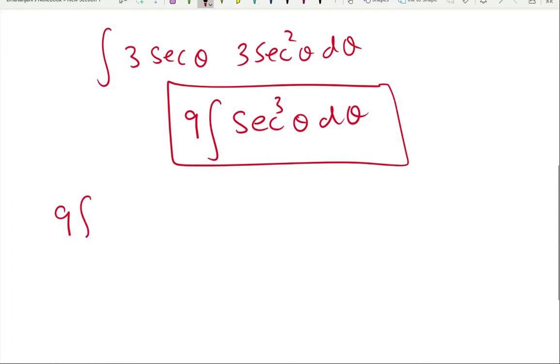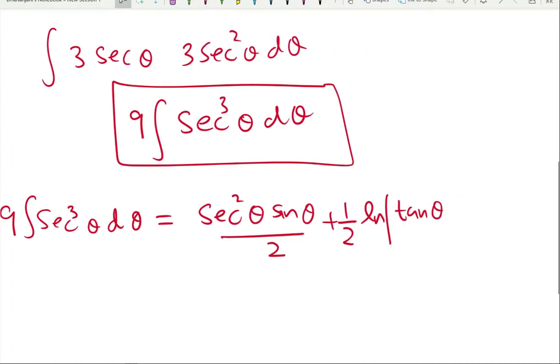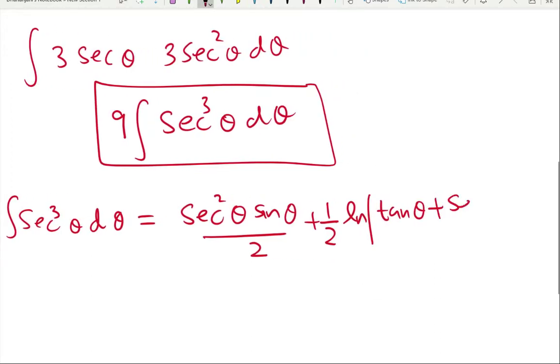So the integral of secant cube theta d theta is actually secant theta sine theta over 2 plus half natural log of tangent theta plus secant theta.